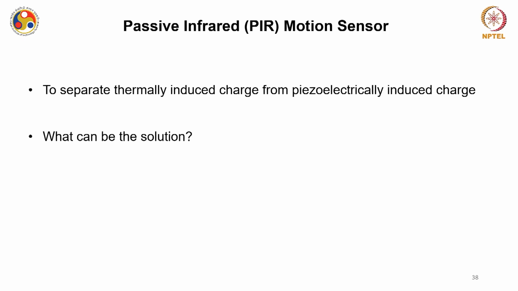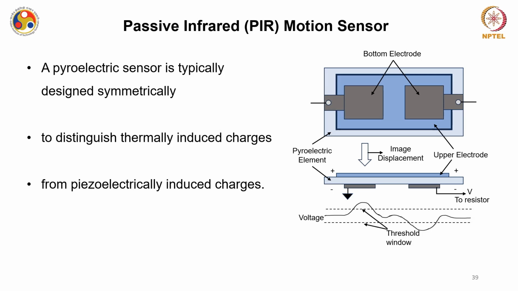Separating the thermally induced charges is the essential goal, because otherwise the sensor will have a lot of false positives. There has been some work going on toward this. We will see at least one or two solutions.